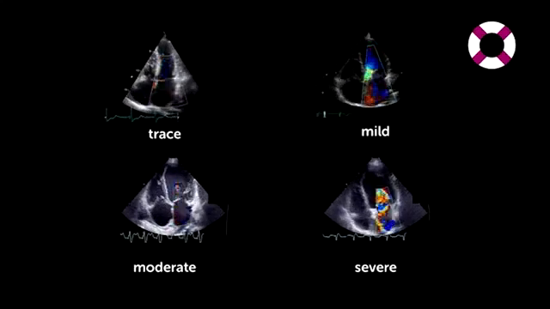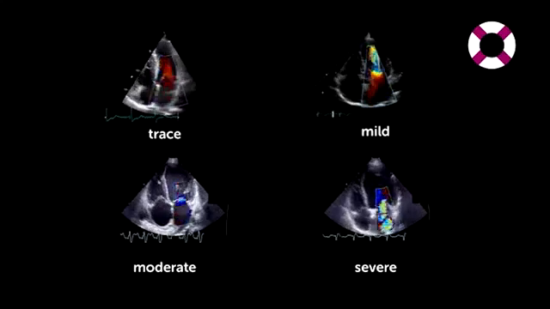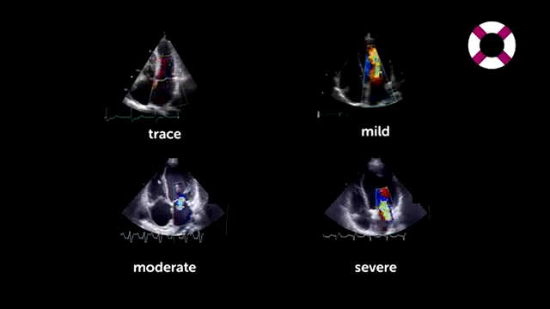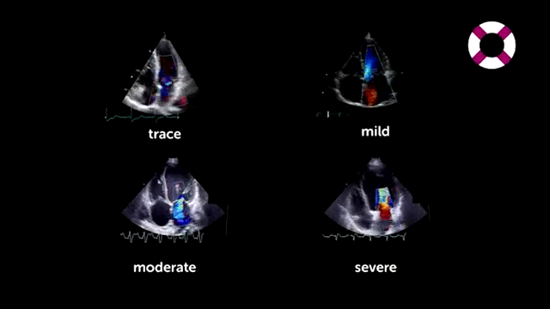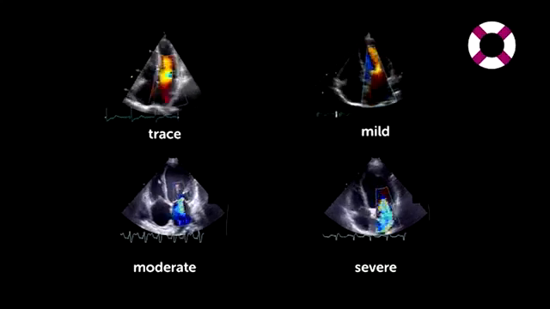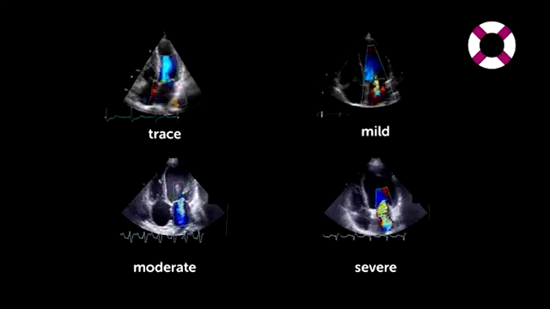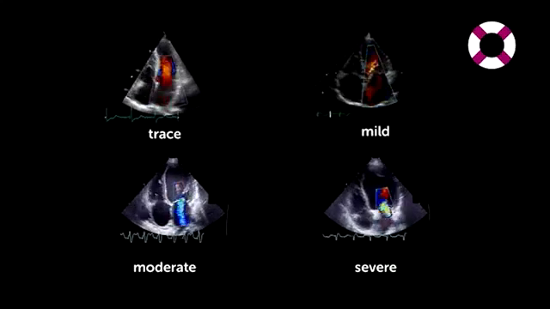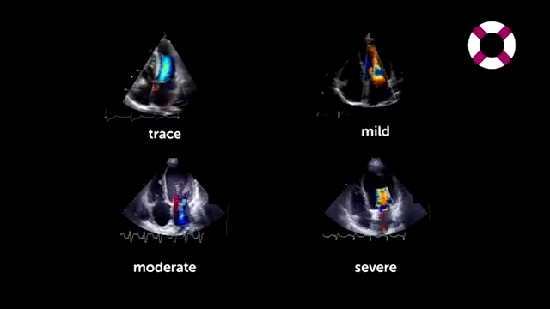With the help of color Doppler, we can quantify the severity, and I showed you a few examples of how we or I would quantify the severity, ranging from trace to mild to moderate and to severe.